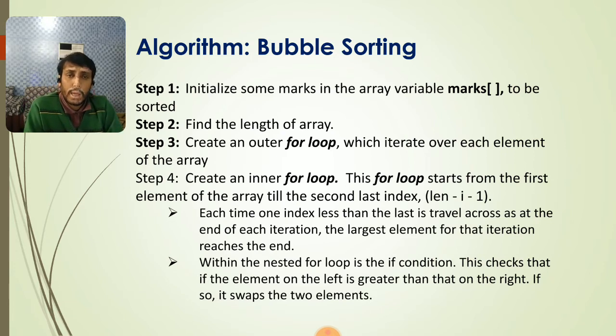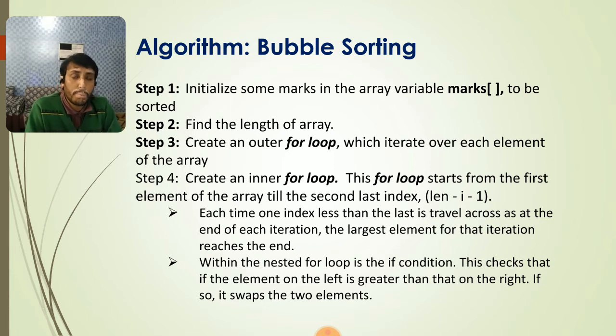Step 4, create an inner for loop. This for loop starts from the first element of the array till the second last index. Means the outer loop will run on each element, and the inner loop will go from the 0 position till last minus 1.